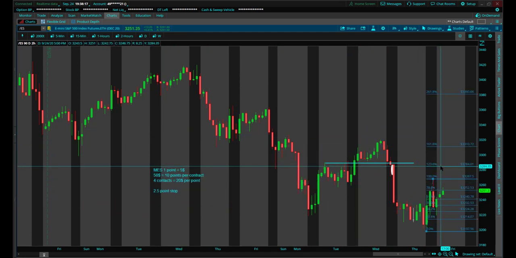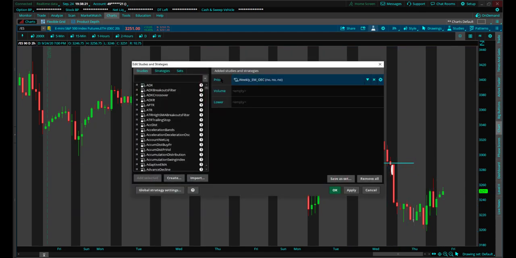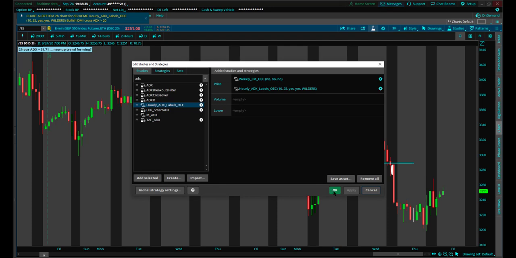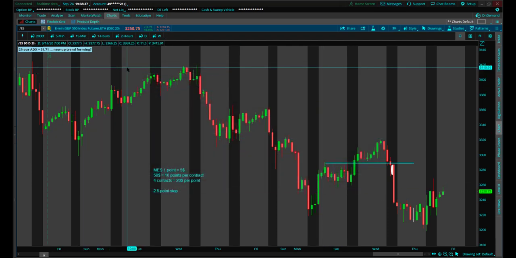One tool that you can use to do that is the ADX. Now, the ADX was designed to identify the strength of a trend. This ADX indicator is set to 2 hours.